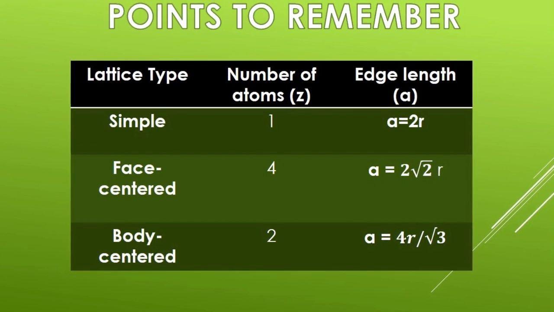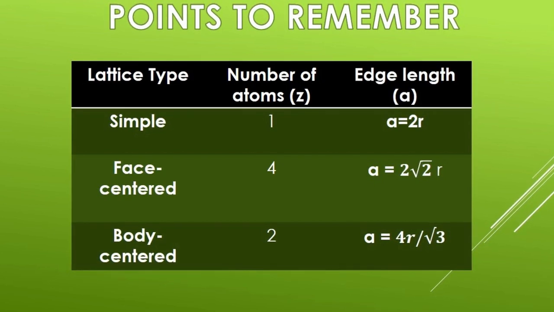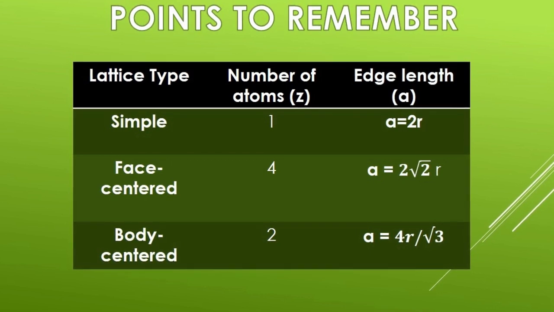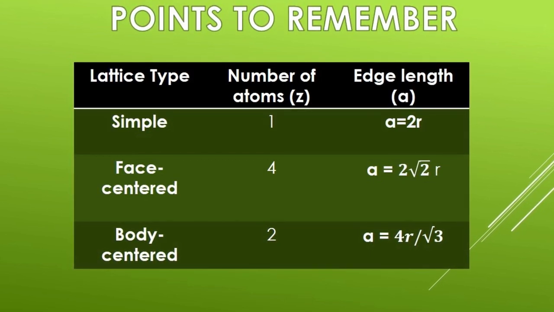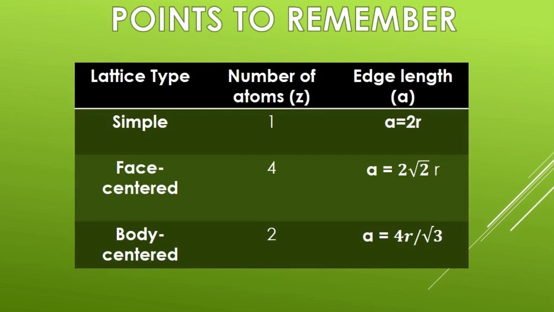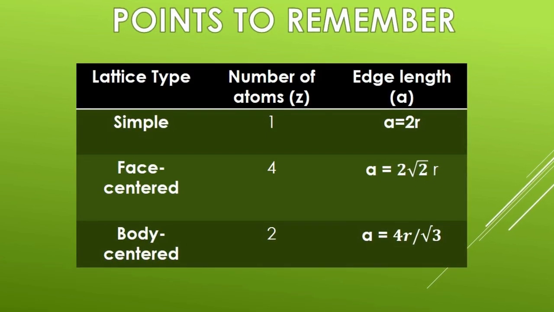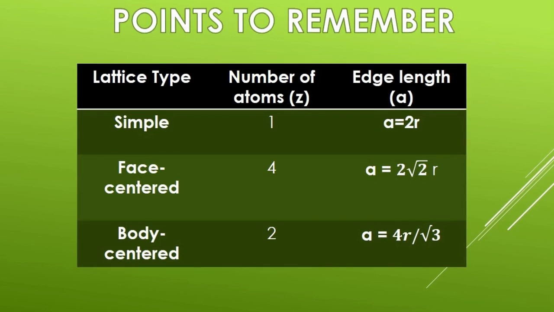We have learnt in a simple cubic unit cell, the number of atoms present in it will be equal to 1. And from packing efficiency, we have learnt its edge length will be equal to twice the radius of the sphere.